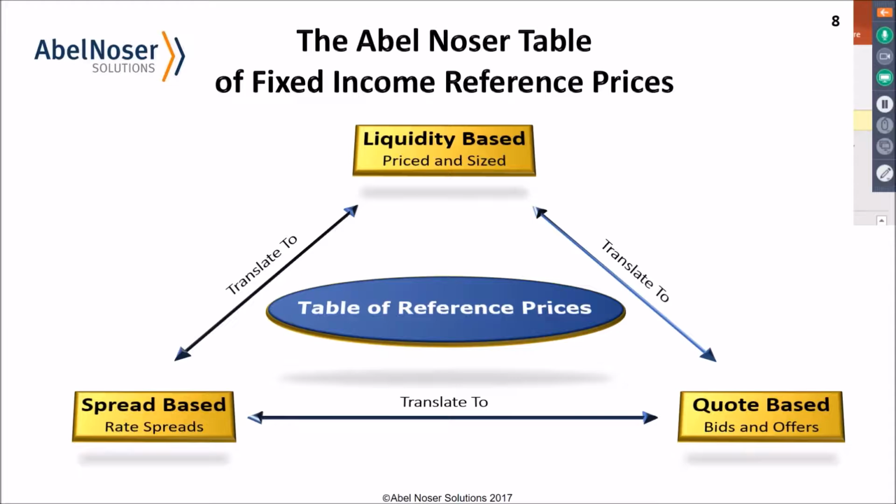For sources that report trades that are priced and sized, Abel Noser calls the reference prices derived from these sources liquidity-based reference prices. The sources that provide bids and offers we call quote-based sources. And for the sources that give us indicative prices or interest rate spreads over benchmark securities, we call spread-based reference prices.